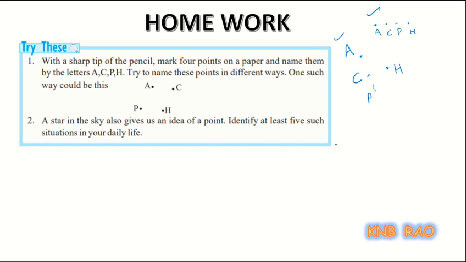Can you think of something that you could find, like stars in the sky, points?